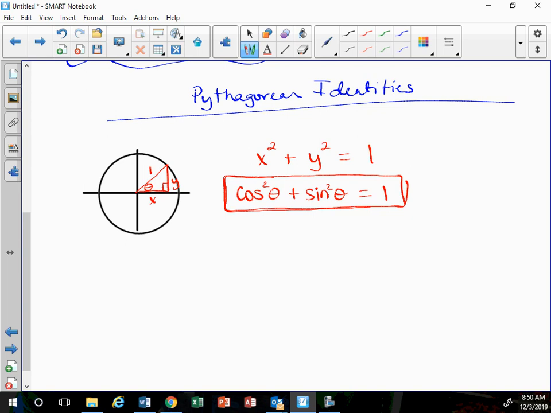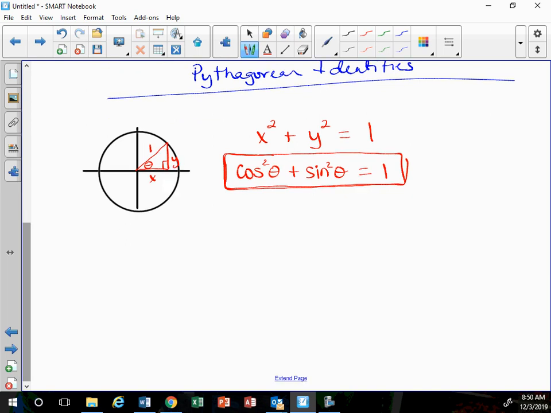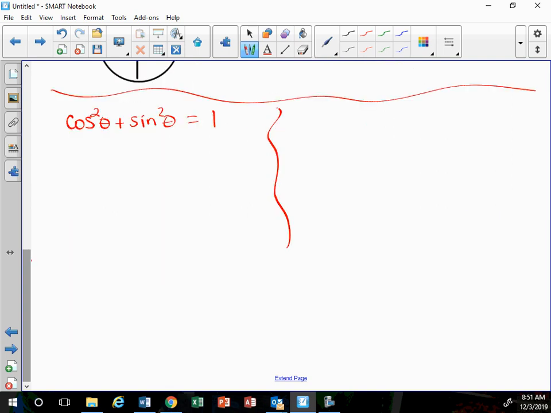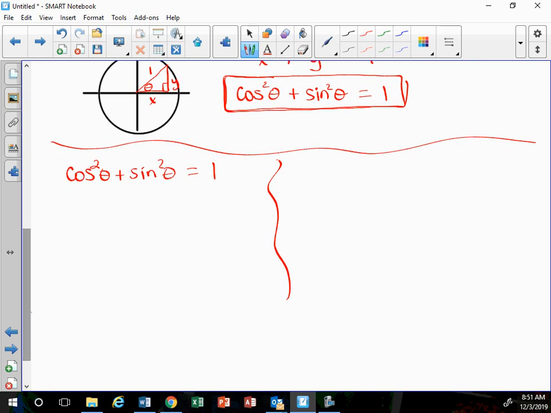All right, we're going to start with that one and derive a few other identities. So if I begin with cosine squared theta plus sine squared theta equals 1. Let's just jot that down. Okay, that's just my basic identity there. What if I decided to go through and divide everything by cosine squared?